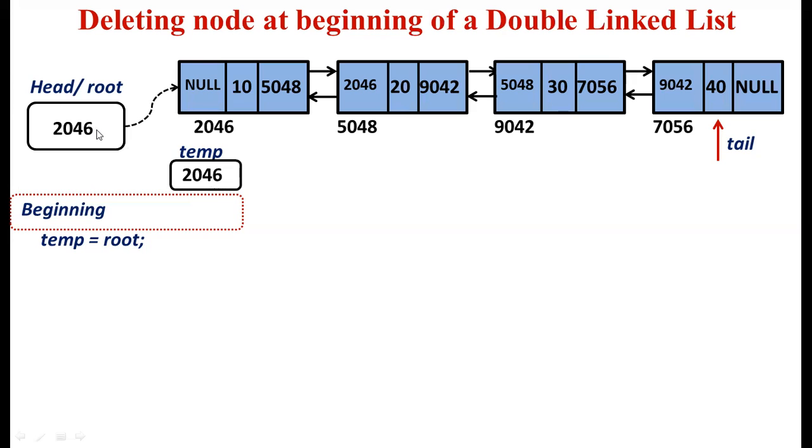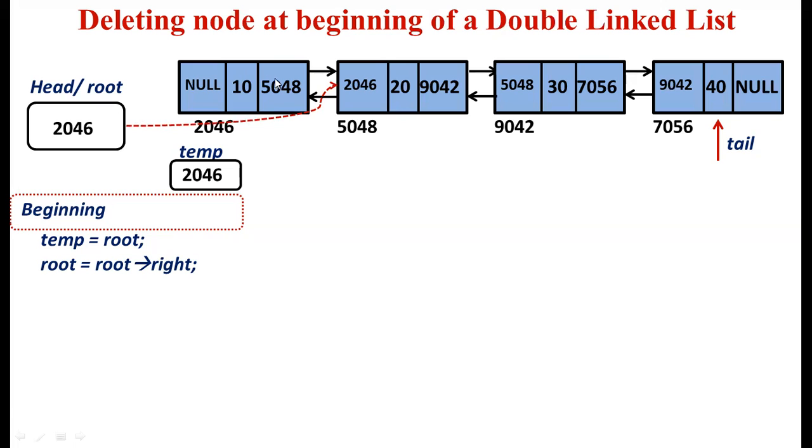So now the root should be pointing to this node. How can we point to this node? What is the address of this node? 5048. What is 5048? 5048 is root to right. So the root to right value we need to assign to root. Now we have to place the null value here.